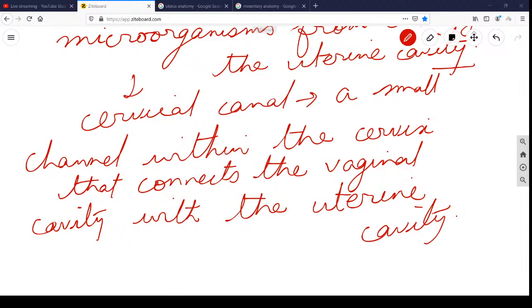The opening of the cervical canal to the uterine cavity is the internal cervical os, whereas the opening of the cervical canal into the vagina is known as the external cervical os.